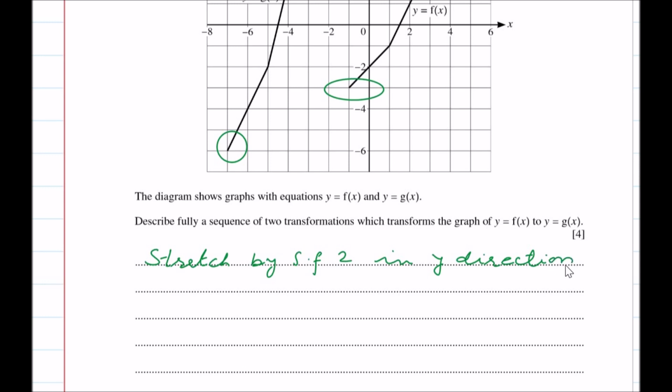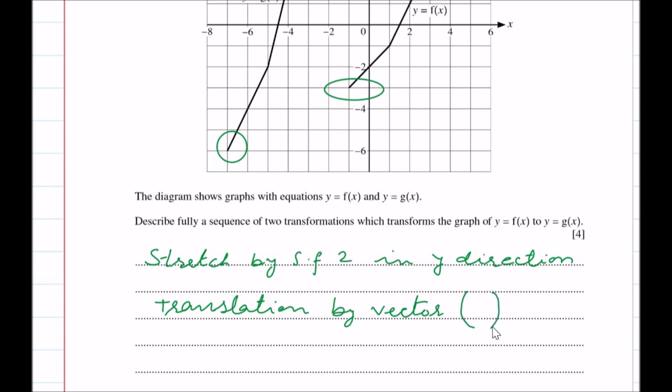Okay, this is one. Now the next one is translation. So translation is also involved here. With translation we need to know the translation vector. So translation by vector. Let me show you how we can decide what the vector is.